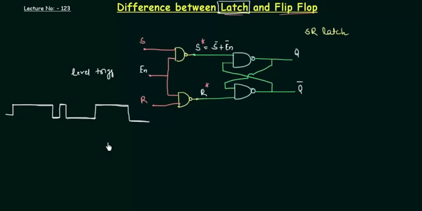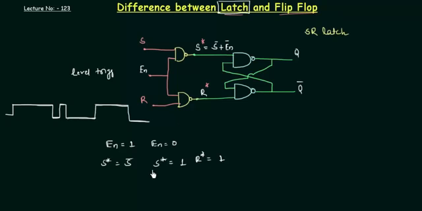So if the value of En is equal to 1, which means S star is equal to S complement, and when the value of En is equal to 0, or when it is low, the value of S star is equal to 1. Similarly, R star will also be equal to 1 because enable is given as the input to both of these NAND gates.